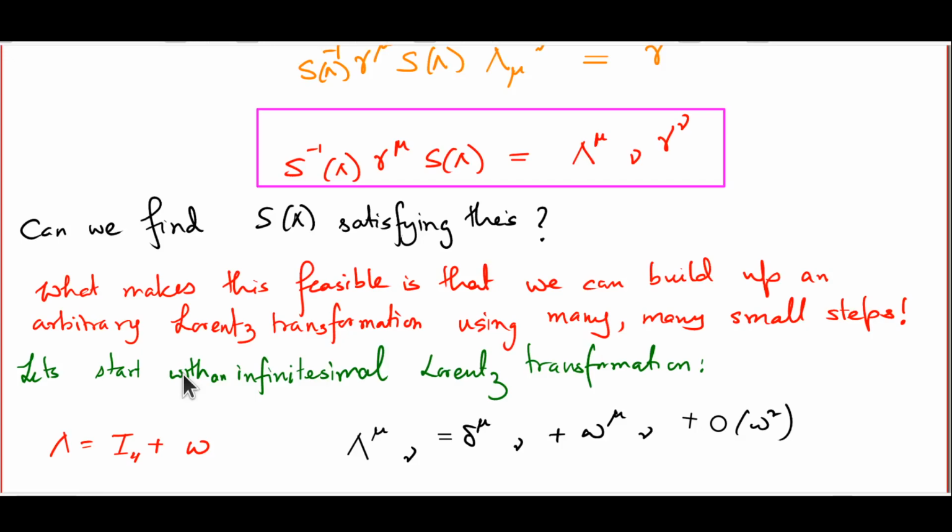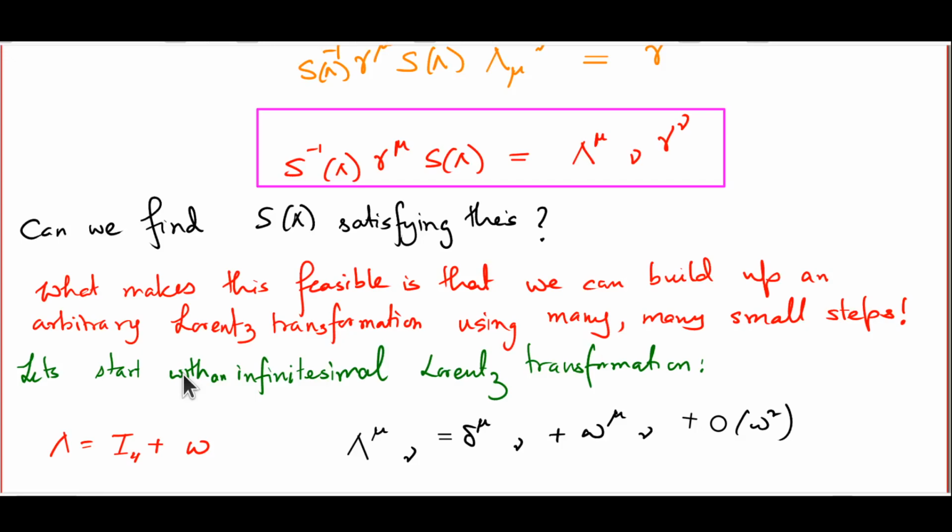Now, how many such parameters omega mu nu are there for a given infinitesimal transformation? On first glance, it looks like there are 16 such numbers. After all, mu takes 4 values, 0 to 3, so does nu. So there are 16 possible components here.